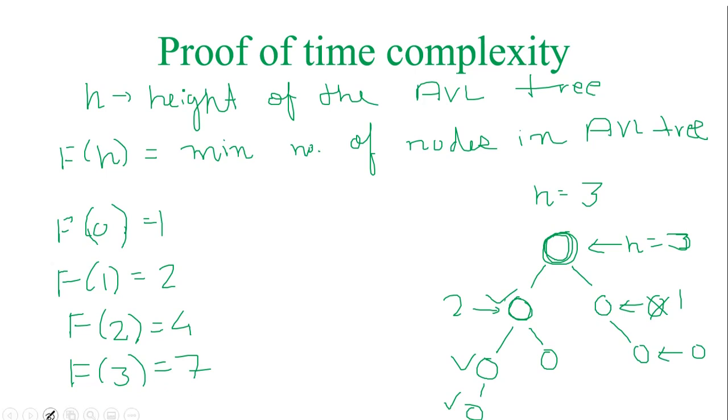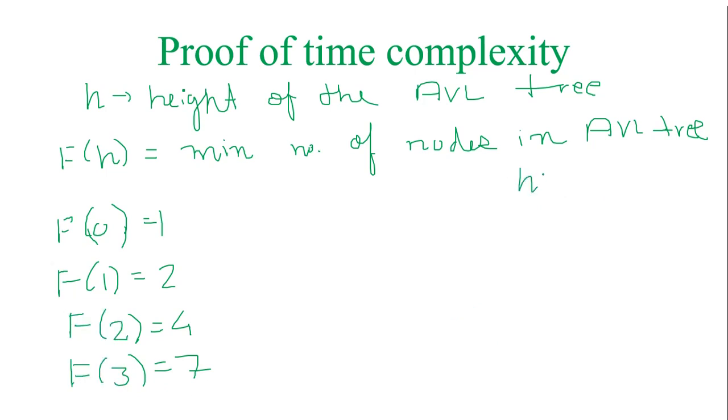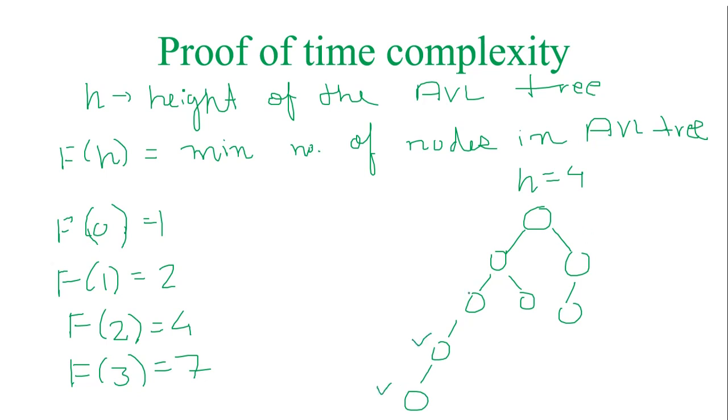Let's do it for one more case. When h is equal to 4, let's see what will be the minimum number of nodes. So our root node, one here, one here, one here, one here, one here, one here, and now we'll add one node here. So this is balanced, this is balanced, this is unbalanced, so we'll have to add one node here.